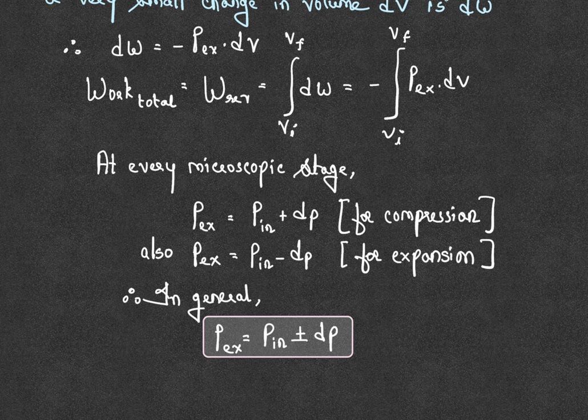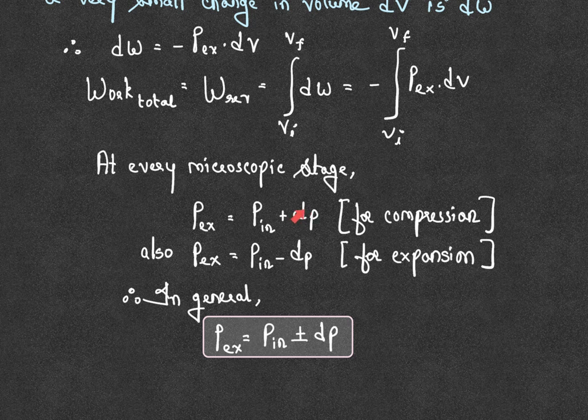When you are compressing a gas in a reversible process, at every microscopic stage your external pressure has to be slightly more than internal pressure, so your external pressure should be internal pressure plus dP.